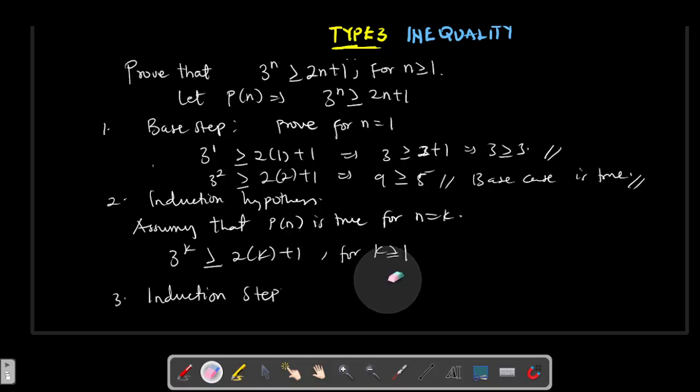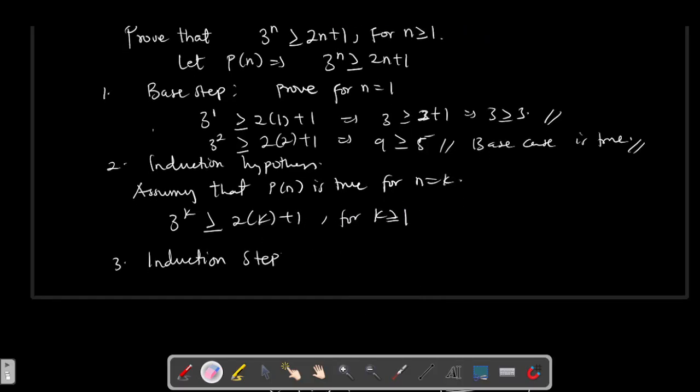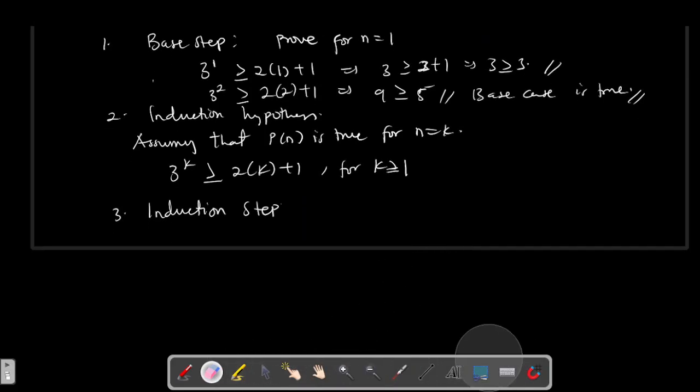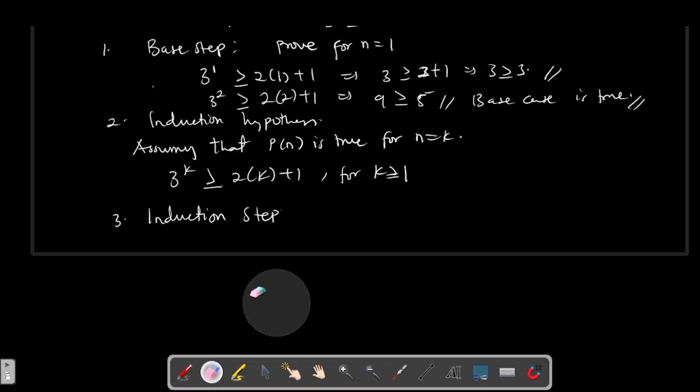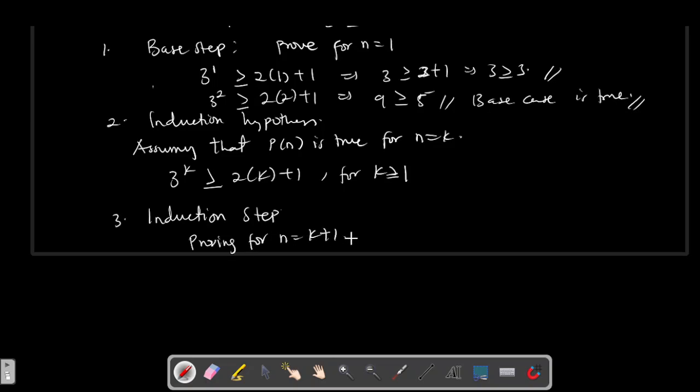With the induction step, we are going to prove for n equals k plus 1. So how do you prove for n equals k plus 1?